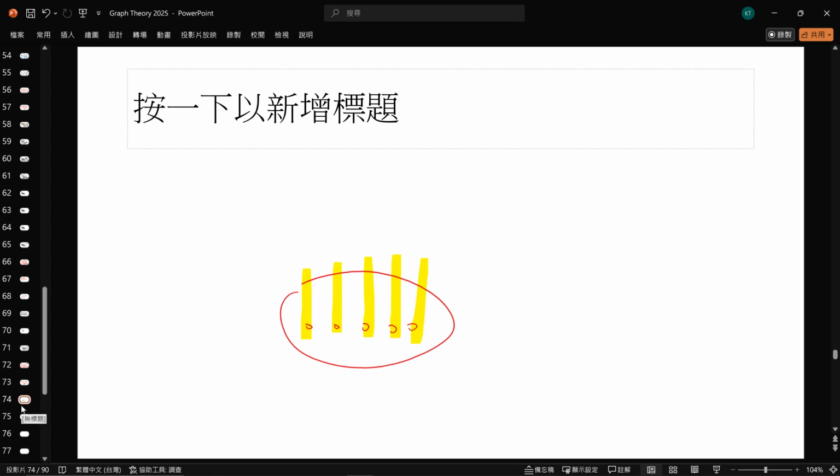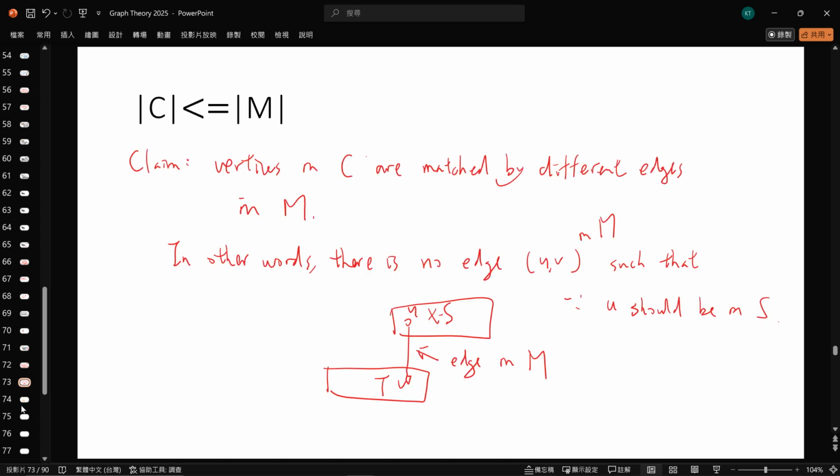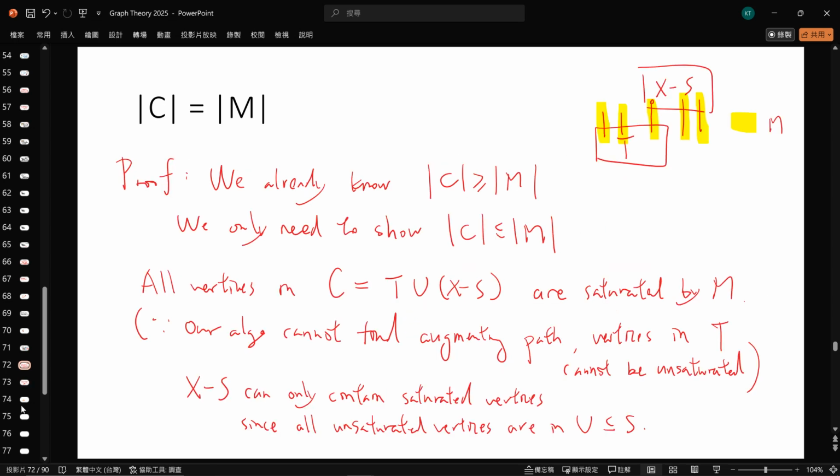All right, so let's get started. Okay, so I think there's a principle behind this proof, okay?